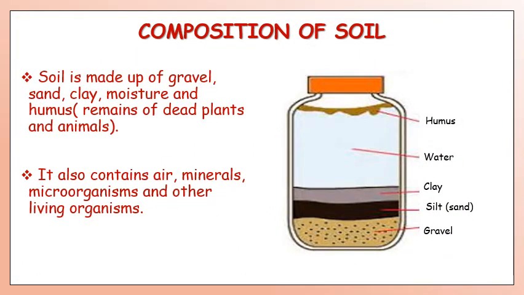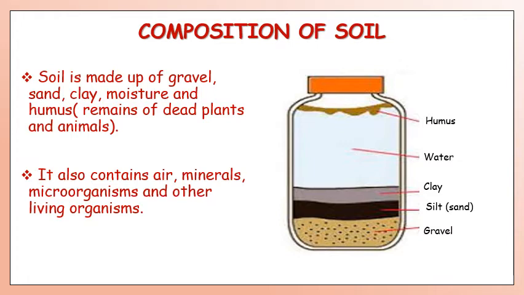Now, let us see what is soil made up of. So, students, soil is made up of gravel, clay, sand, moisture, and decayed organic matter. Now, this decayed organic matter consists of the remains of dead plants and animals, and it is also called humus.